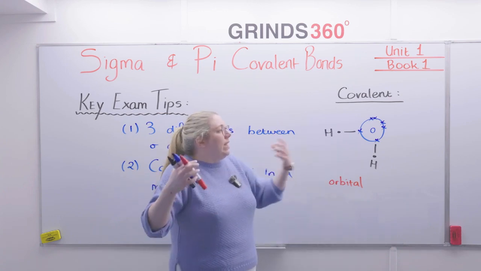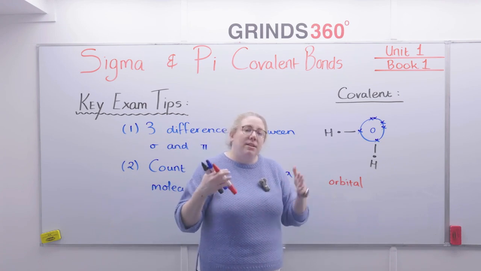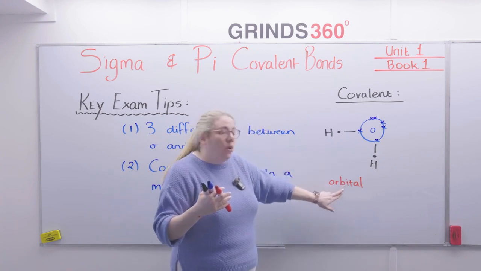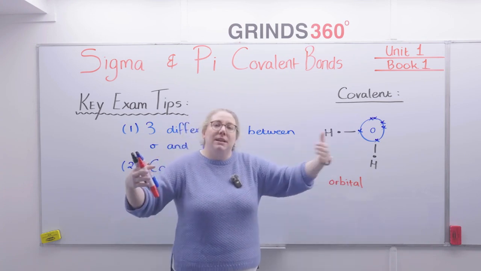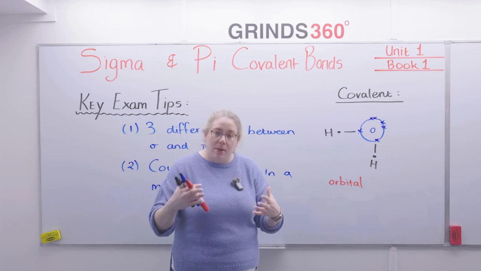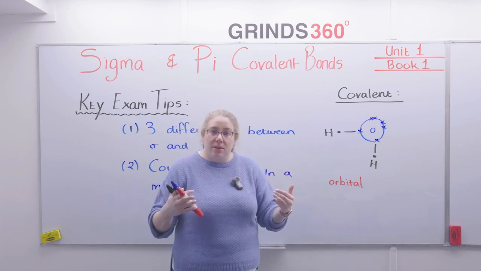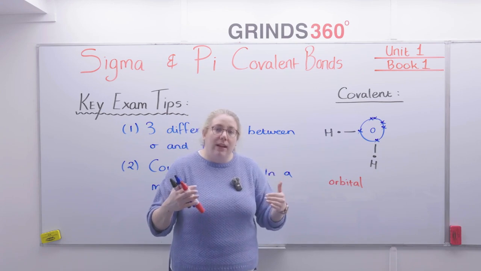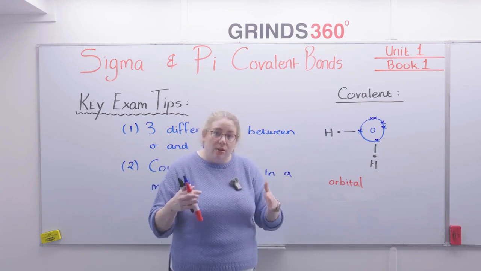Now, when you actually form a bond between 2 atoms, because your electrons are actually in orbitals themselves, not orbits, there has to be some sort of interaction between orbitals in order to form a bond. It doesn't matter what type of bond you form in terms of covalent bonds. All a covalent bond is, is 1 orbital overlapping with another one. That's all the bond is.